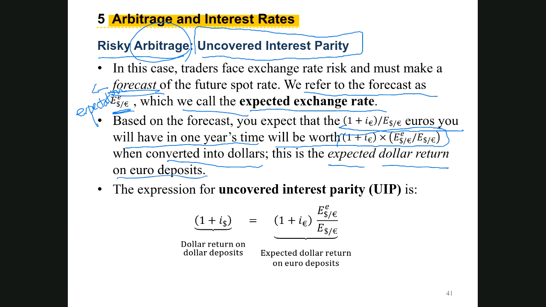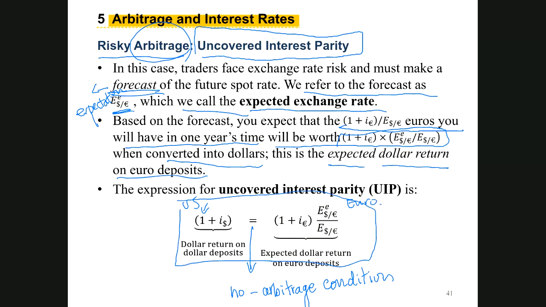So if you apply the no arbitrage condition when you deposit in the US versus deposit in Europe, this gives you uncovered interest parity. I hope this is clear.